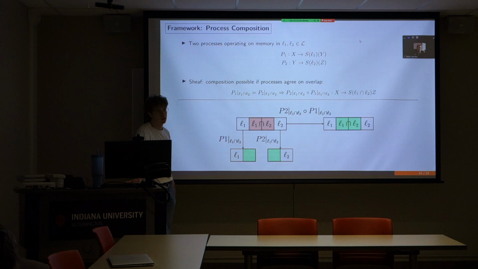And I realized that I don't really know what it means to restrict P1, because P1 needs to read from all of L1 potentially, right? Yeah. So what does it mean to restrict P1 to L1 intersect L2? I think it makes sense to restrict a memory map, but here we're not talking about memory maps being restricted, we're talking about processes being restricted, right? So what does it mean to restrict the process?